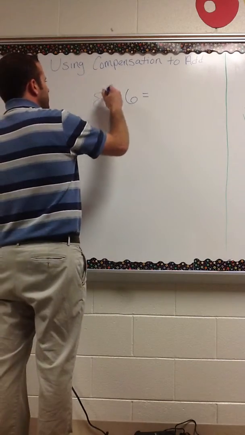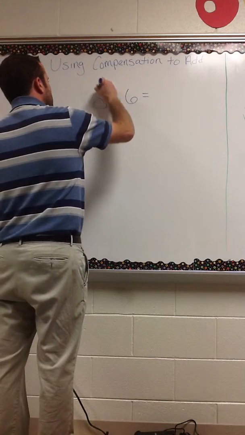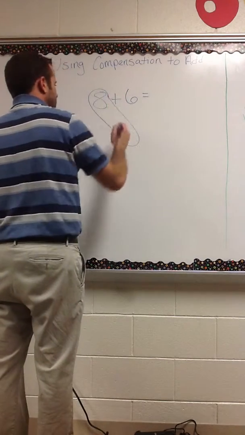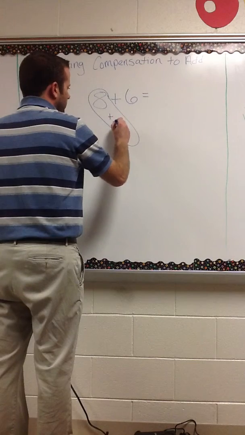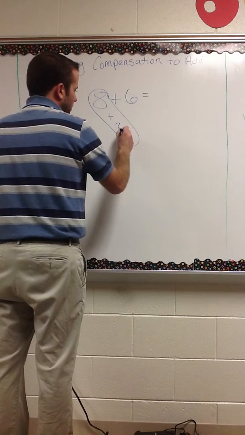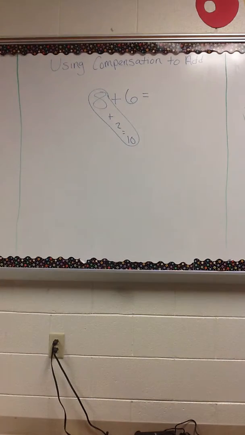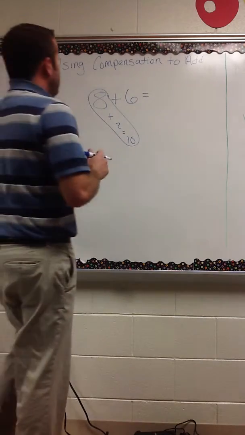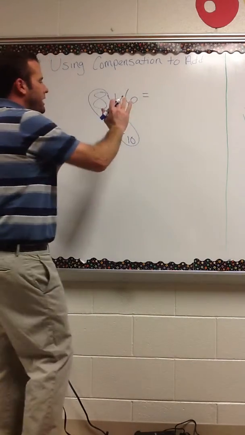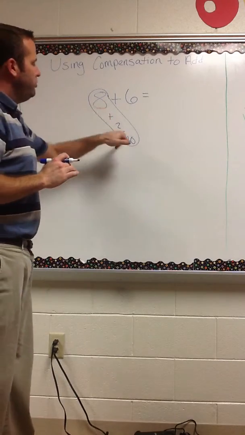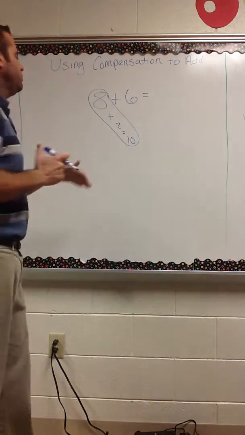And what I remember is 8 plus 2 equals 10. Give me just a second, guys. I'm going to make sure we can see this. Perfect. Okay. So, in my mind, my problem is 8 plus 6. I've done 8 plus 2 because I know that 8 plus 2 is equal to 10.